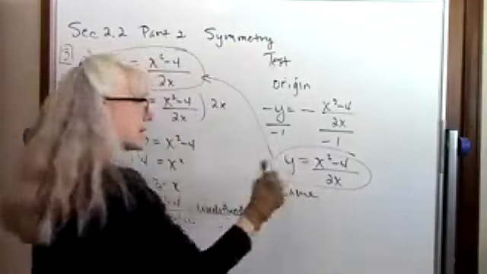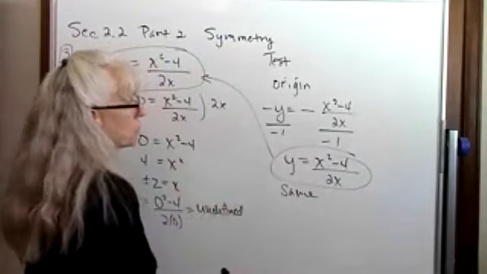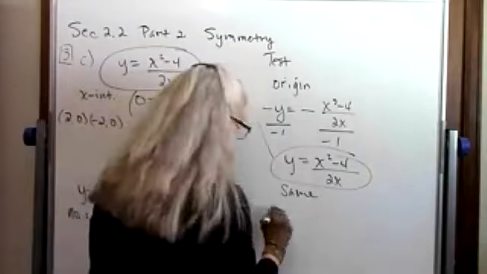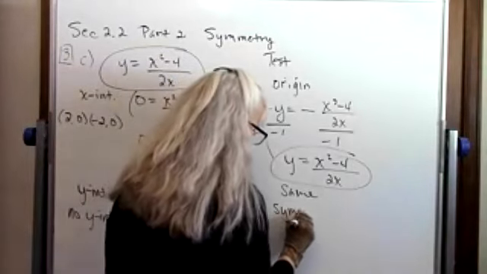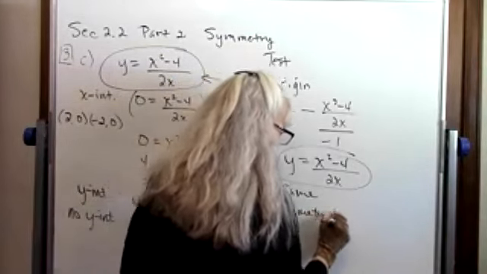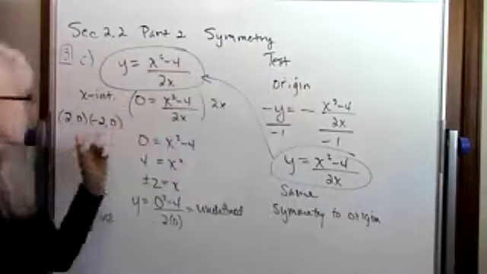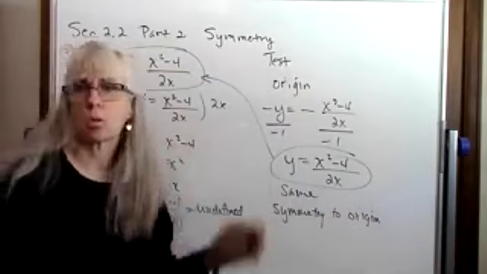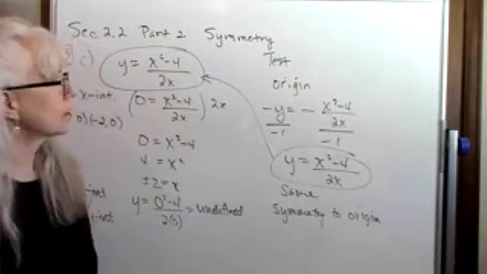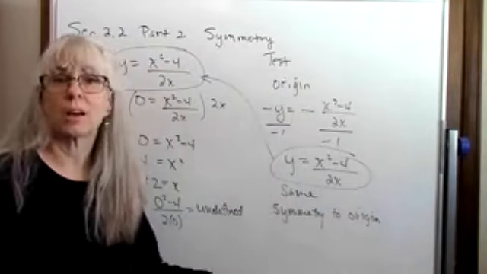Because we can divide out the negative 1 and get the same original equation back, this thing has symmetry to the origin, which is why we were getting that repeated x-intercept. That symmetry is to the origin. So, not exactly what we thought would happen, but we can definitely understand what did happen.